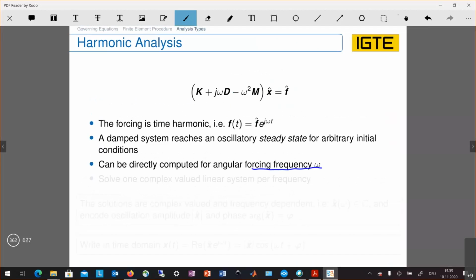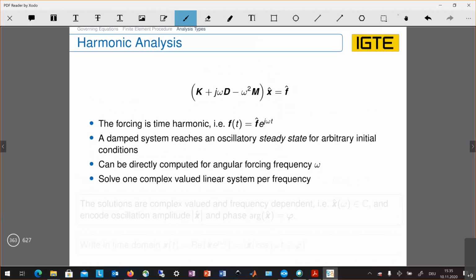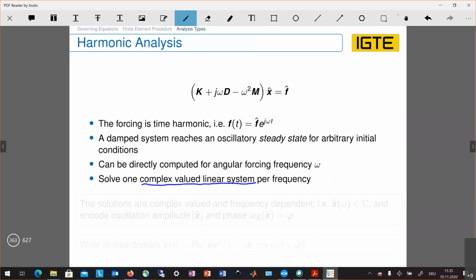So we can compute it for a lot of different frequencies and can get then the so-called transfer function, which is the displacement over the excitation force. And we have to solve a complex valued linear system of equations for each frequency of interest.